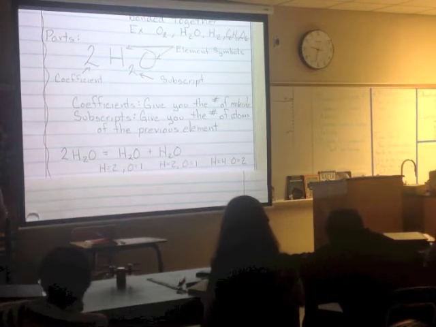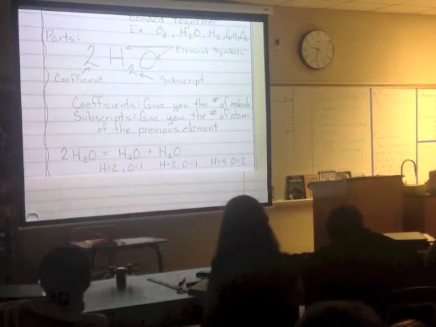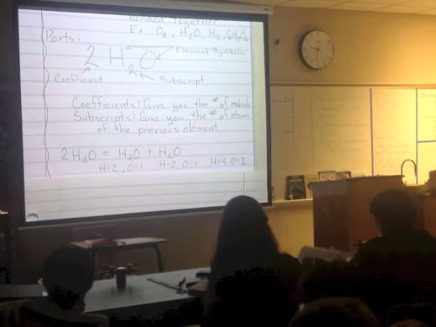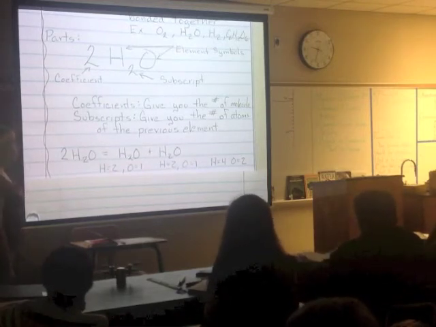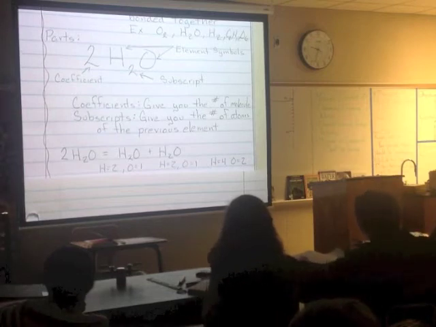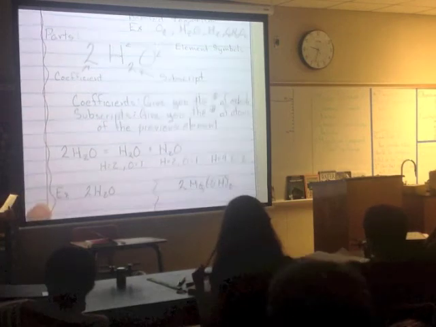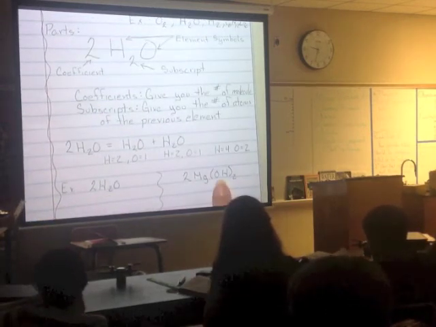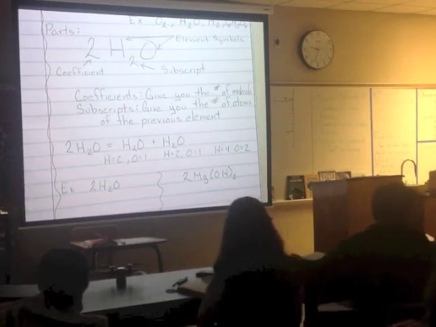But guess what? We're lazy. And we don't want to write this out, especially if we end up having something like 5H2O. Well, I don't want to write H2O 5 different times. Okay? So I'm going to show you a shortcut way of calculating how many atoms. So we're going to do 2 of them. These are examples: 2H2O and 2Mg(OH)2. So you want to write those down.